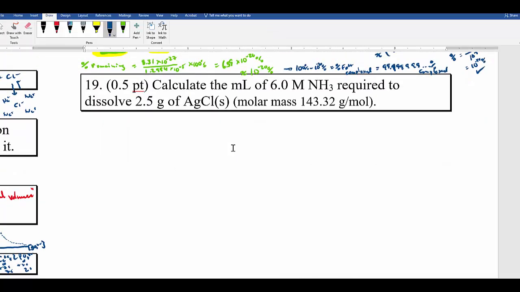Okay, calculate the milliliters of 6.0 molar ammonia required to dissolve 2.5 grams of silver chloride. So the first step for this one is we need to determine the solubility of silver chloride in 6 molar ammonia.